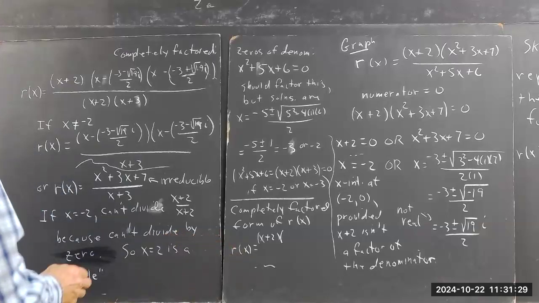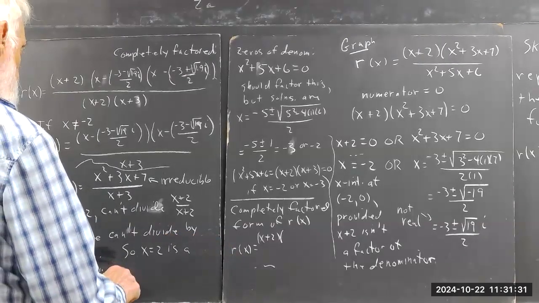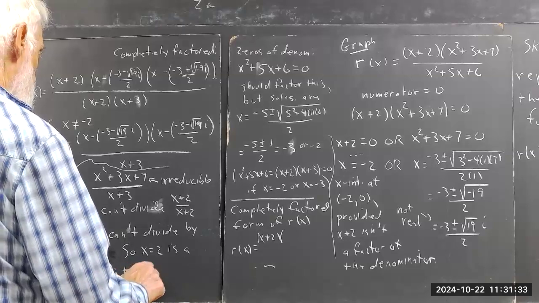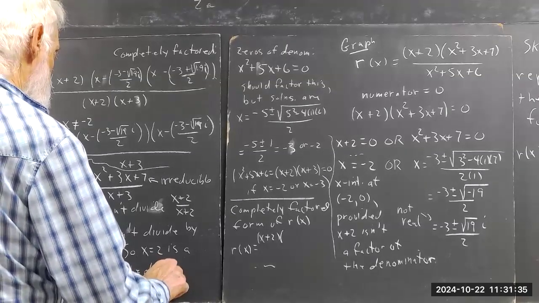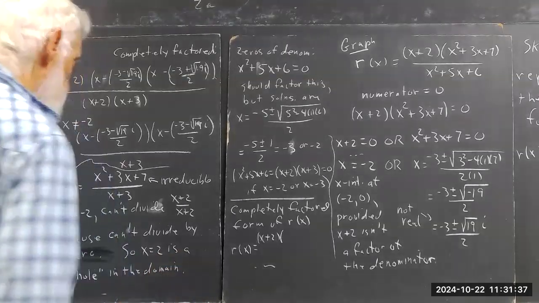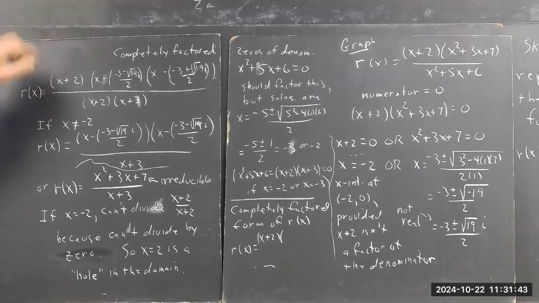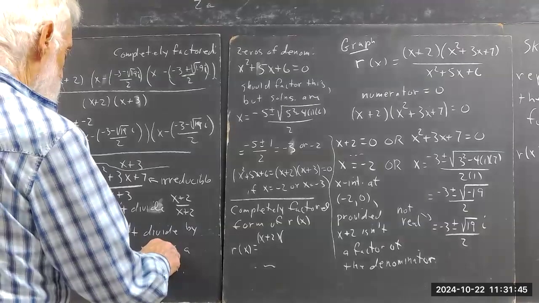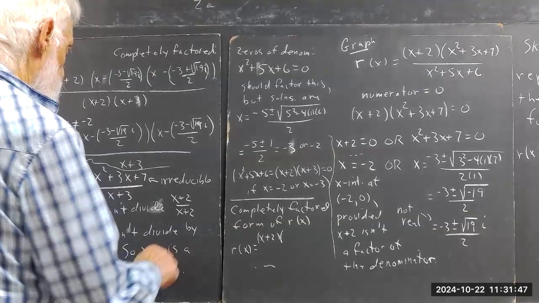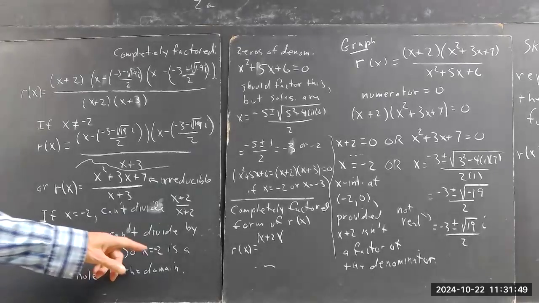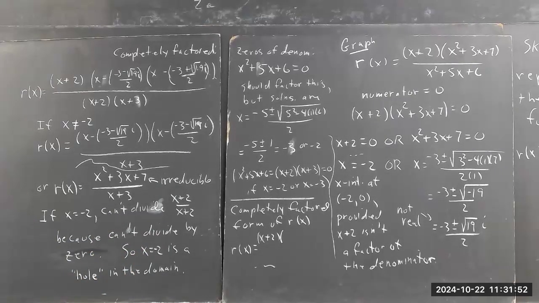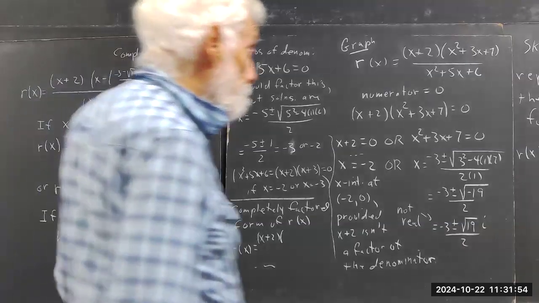So x minus 2 is what we call a hole in the domain. There's no point for x equals 2, because 2 isn't in the domain, and eventually I'll get my negative signs right. Okay, x equals -2 is a hole in the domain. All right.